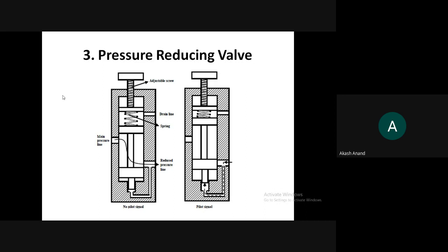If a flow is taking place from pump to actuator, this direction is called downstream pressure direction. Okay. And if we are considering the opposite direction, then it is called upstream direction or upstream flow.